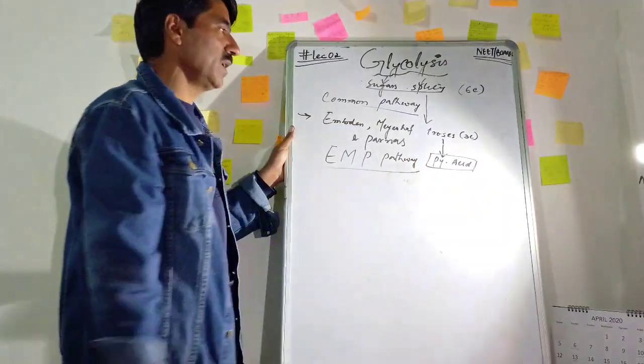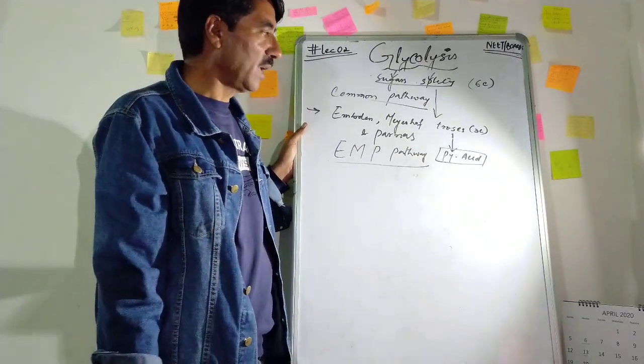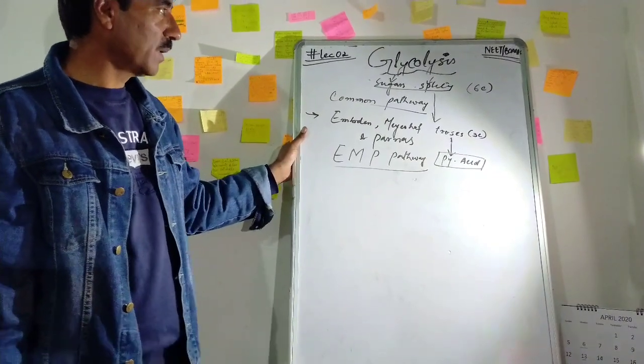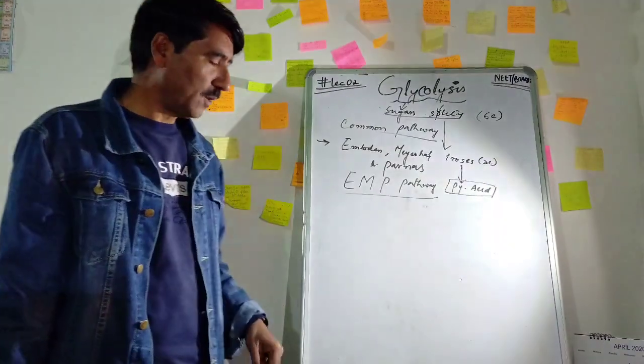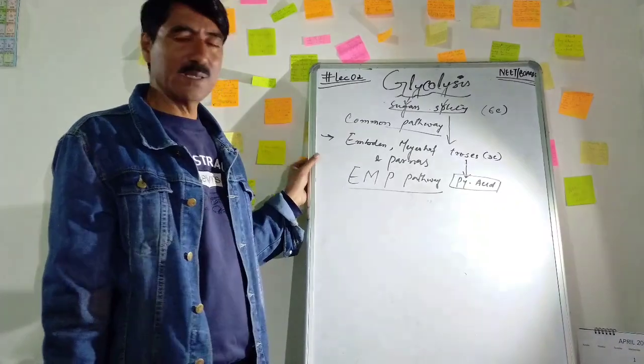Now, during this EMP pathway or glycolysis, a 6 carbon sugar, that is hexose, is split, and the end product of this pathway is the formation of pyruvic acid. Now we will discuss here the different steps of glycolysis.